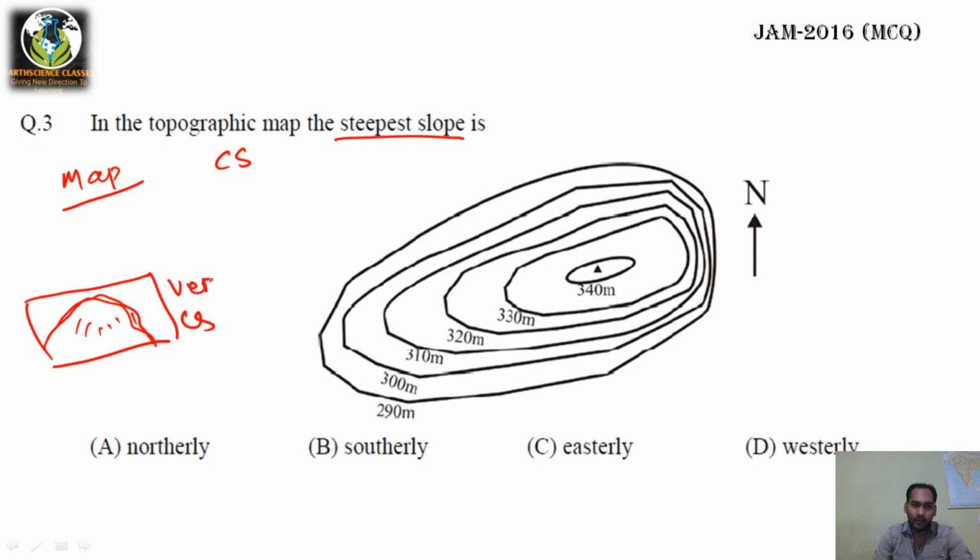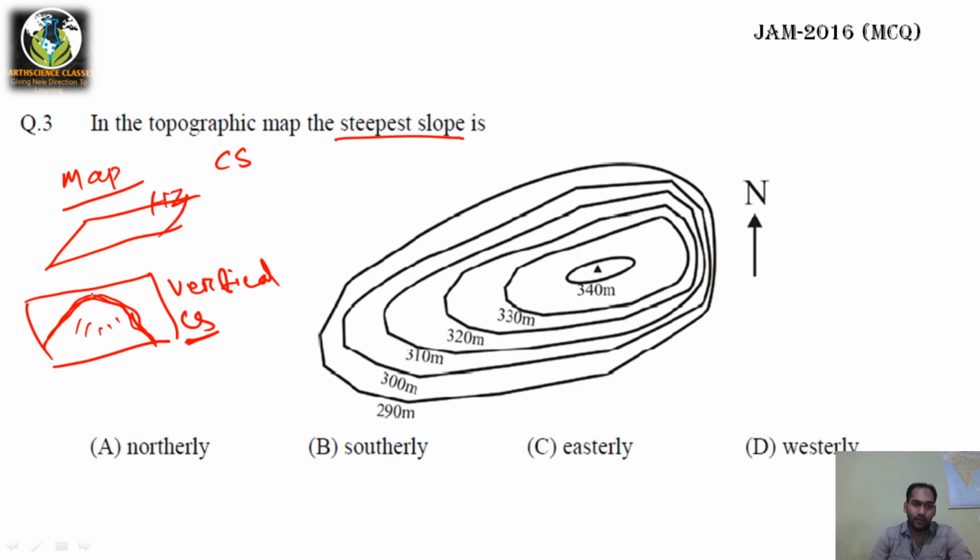This is a vertical plane, cross cutting the feature. You can see this mountain like this in cross section view, but in a map you cannot see this. What is a map? This is a horizontal view.